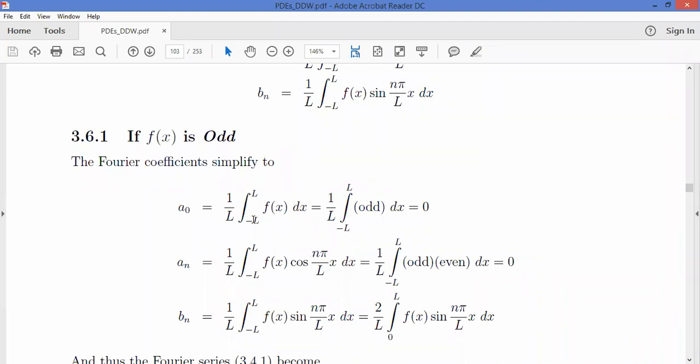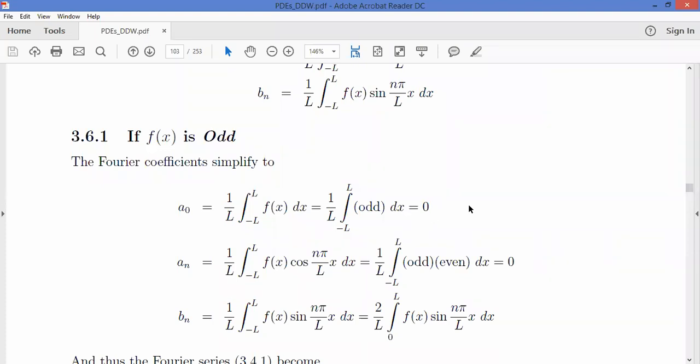So if f(x) is odd, you have the integral from minus L to L of f(x). I hope we are together there. Since it is an odd function, the integral will give you 0. So when you get a 0, this a naught is 0.